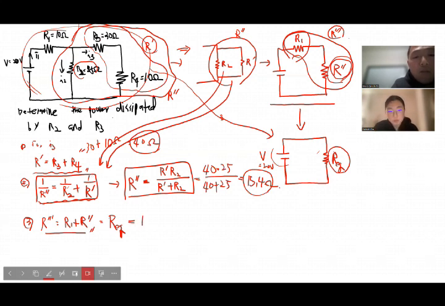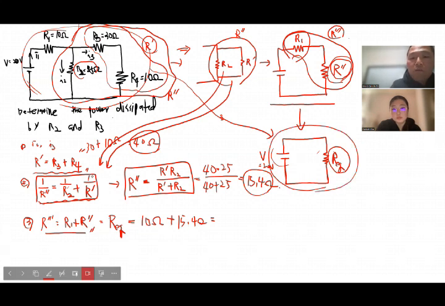R1 is now 10 ohm, as you see in the circuit configuration, and R double prime is 15.4 ohm. So the total equivalent resistor of this simplified version of the circuit configuration is 25.4 ohm, right?